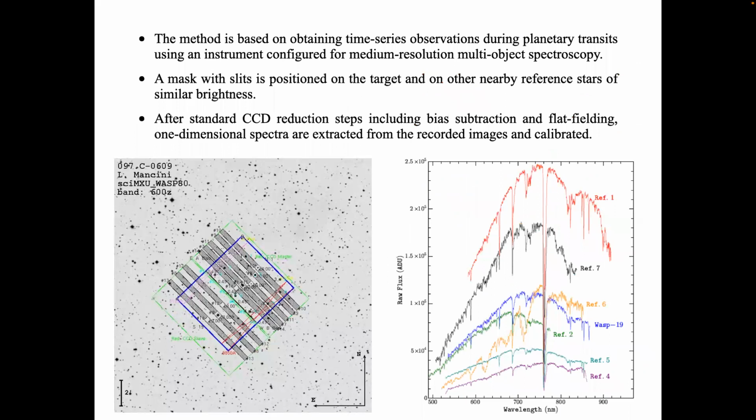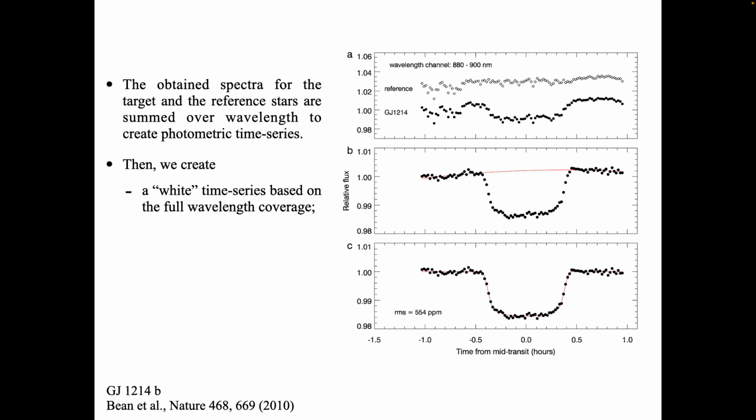For instance, if you use a ground-based telescope, you can use a long slit to put your target and a reference star in the slit, or you can use a multi-object spectrograph, so you can obtain a spectrum for your target and for reference stars, and then you can sum all the flux over the wavelength.